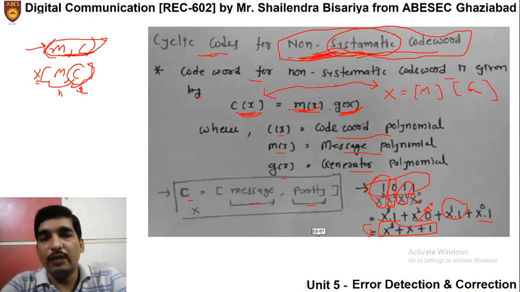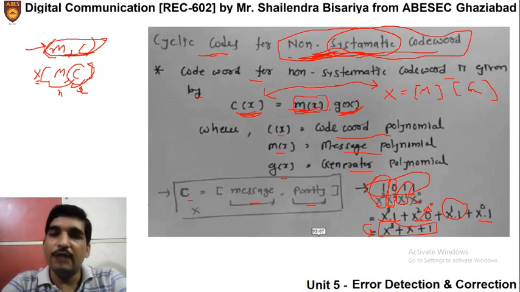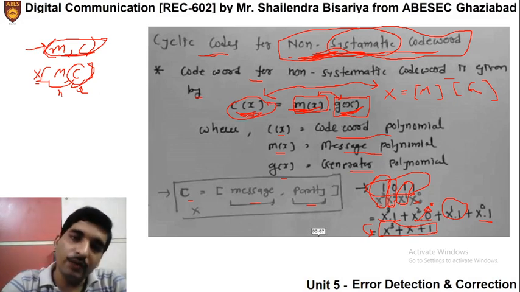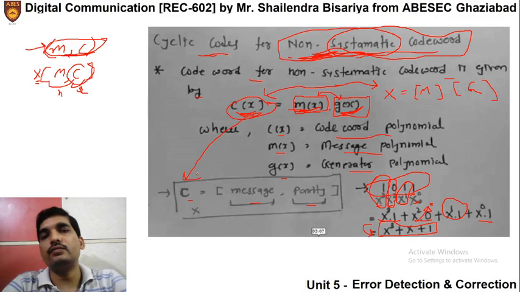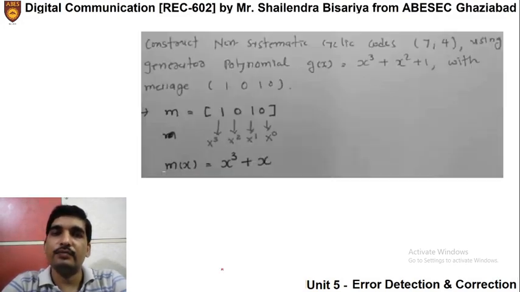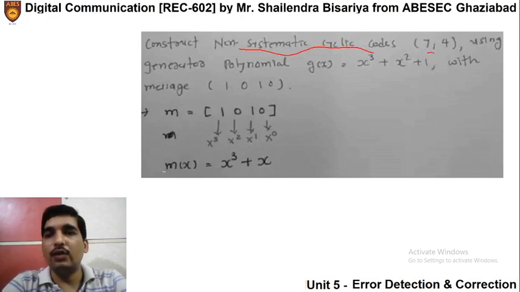So first we will write the polynomial m(x) from the message bits. Then we will write the generator polynomial. Then multiplying the two, we will find the code word polynomial c(x), and from that polynomial we will write the actual code word. Okay, so let us take an example. Construct non-systematic cyclic code 7, 4.